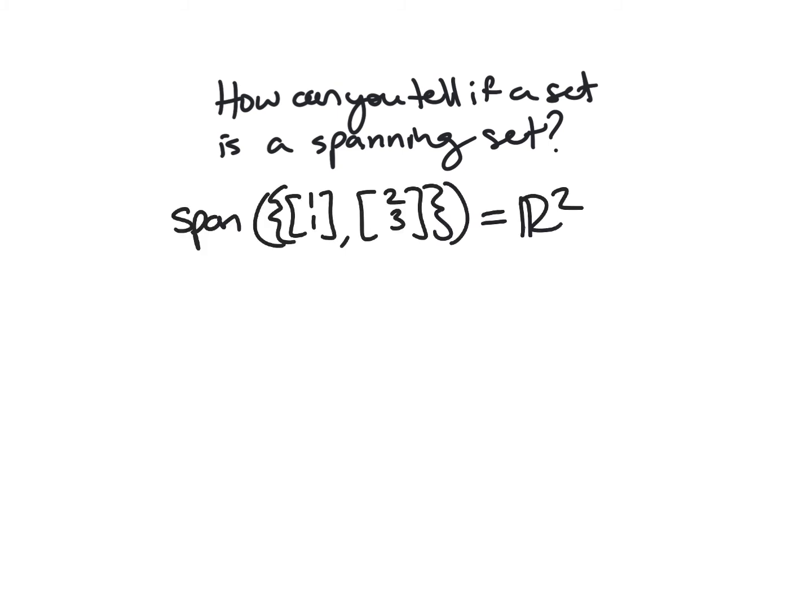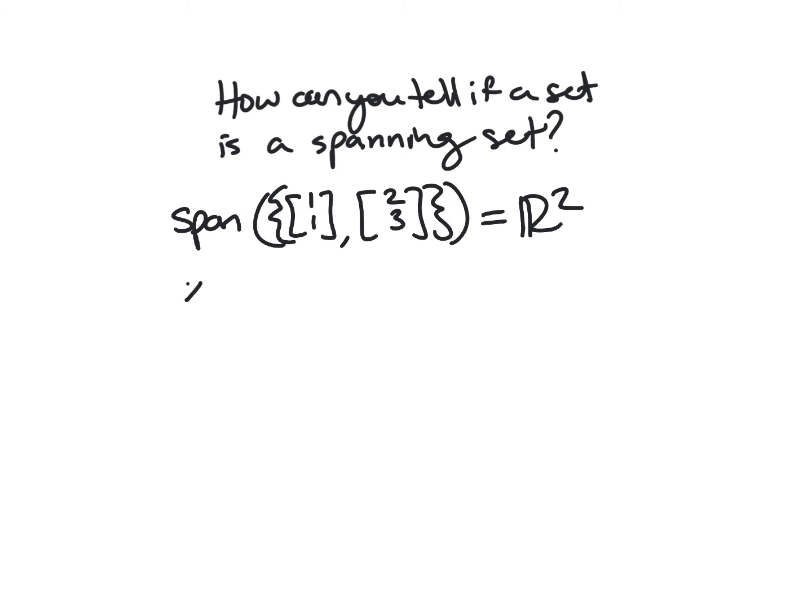So, I mean, we saw one for (1, 0), (0, 1), but that's also just really, really easy because you're used to thinking of points in the plane as their x-coordinate and their y-coordinate. This example here, it's still in R2, but it shouldn't be clear why any vector in R2 can be written as a linear combination of (1, 1) and (2, 3). So let's see why this is true, okay? So first of all, again, what does span mean?